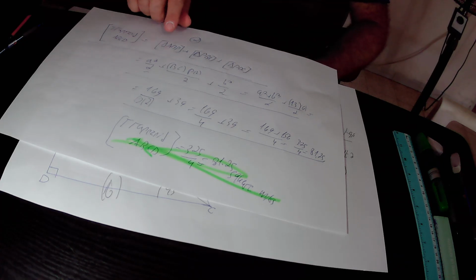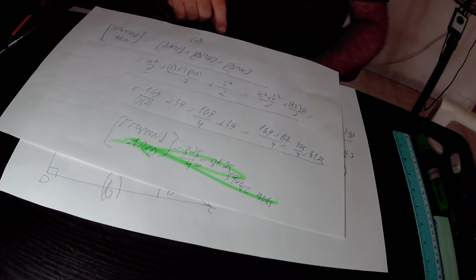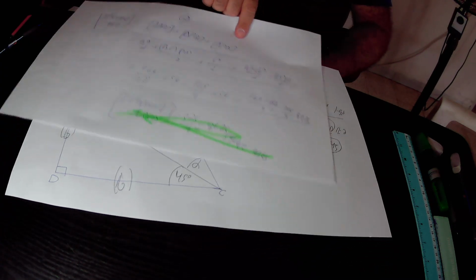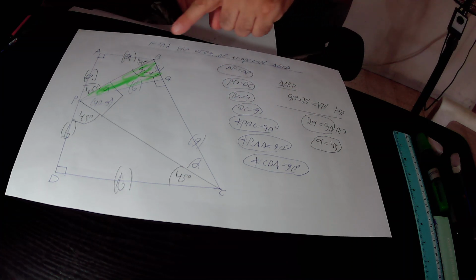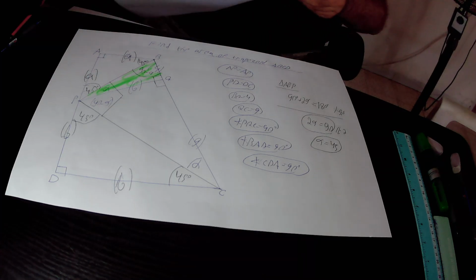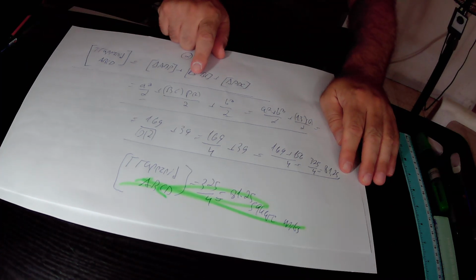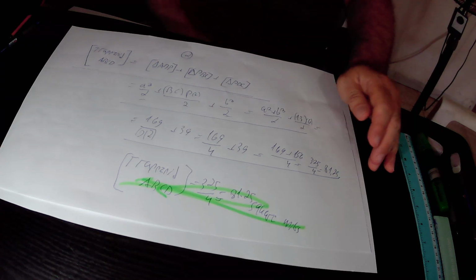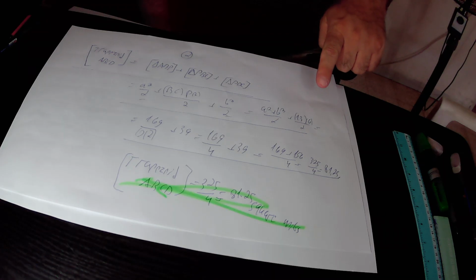And we have here a square over 2 plus b square over 2, which is a square plus b square over 2. BC in total is 4 plus 9, that is 13, times PQ, which is 6, over 2. So in total, the area of trapezoid ABCD equals a square plus b square over 2 plus 13 times 6 over 2.